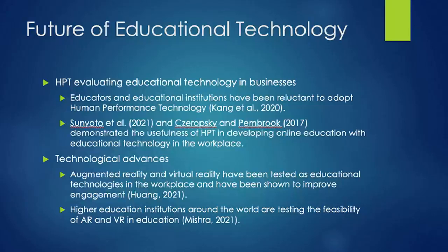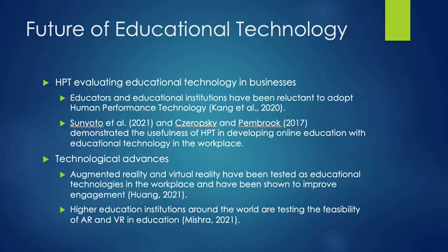These technologies could be in practice in educational institutions in the next few years, since many higher educational institutions around the world are already testing the feasibility of incorporating augmented reality and virtual reality as part of education, primarily in online education.